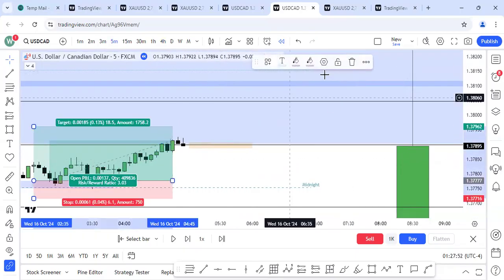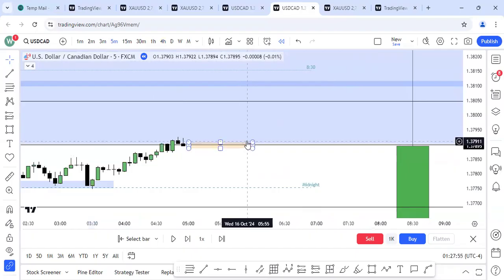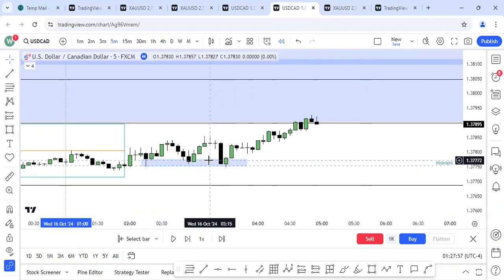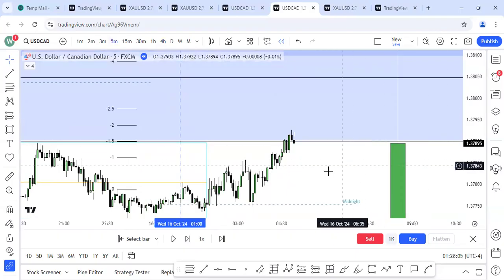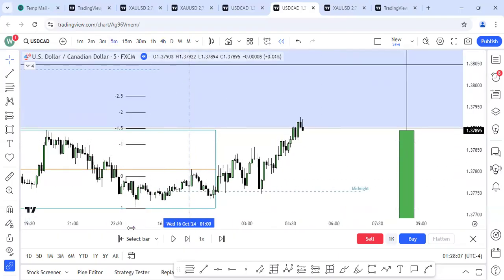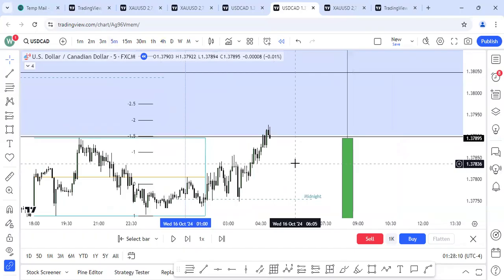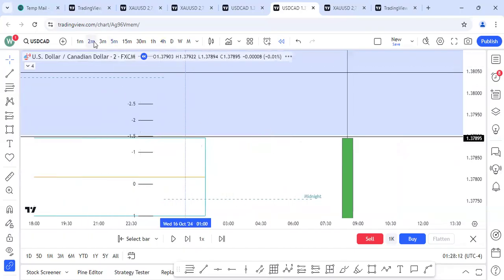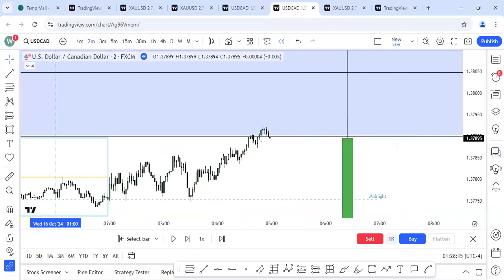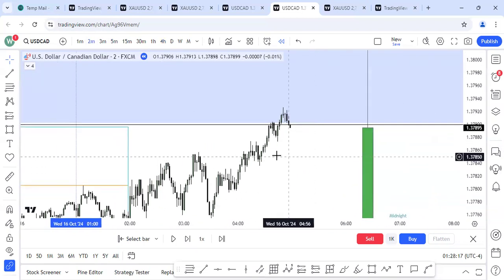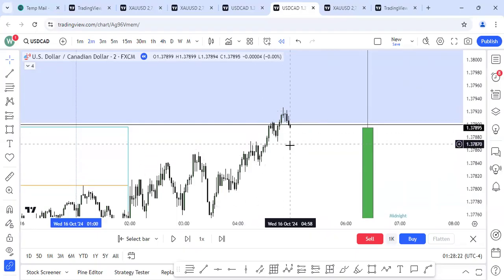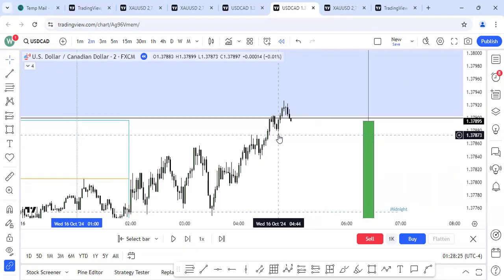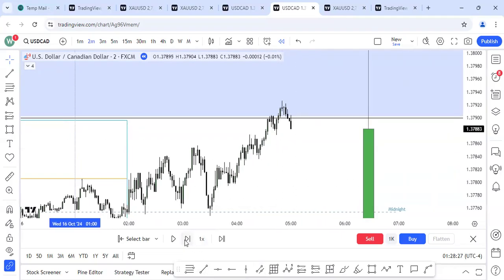Here we had already a trade, but let's take it out. Okay, this is the 5 minute time frame. But we can go to the 2 minutes also and see if the price is going to come back into the range. Okay, so let's see.